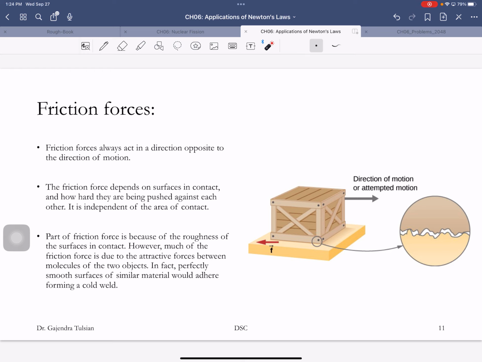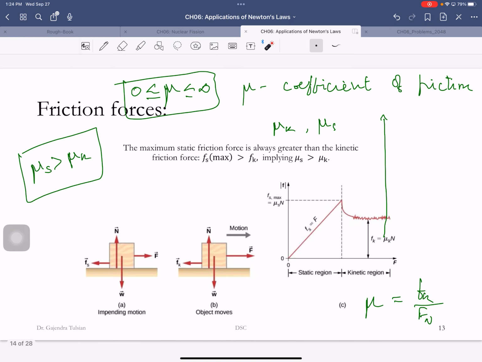So that's why it's independent of the surface area. I know the recording people can't see it, but the friction on this is the same as the friction on this.